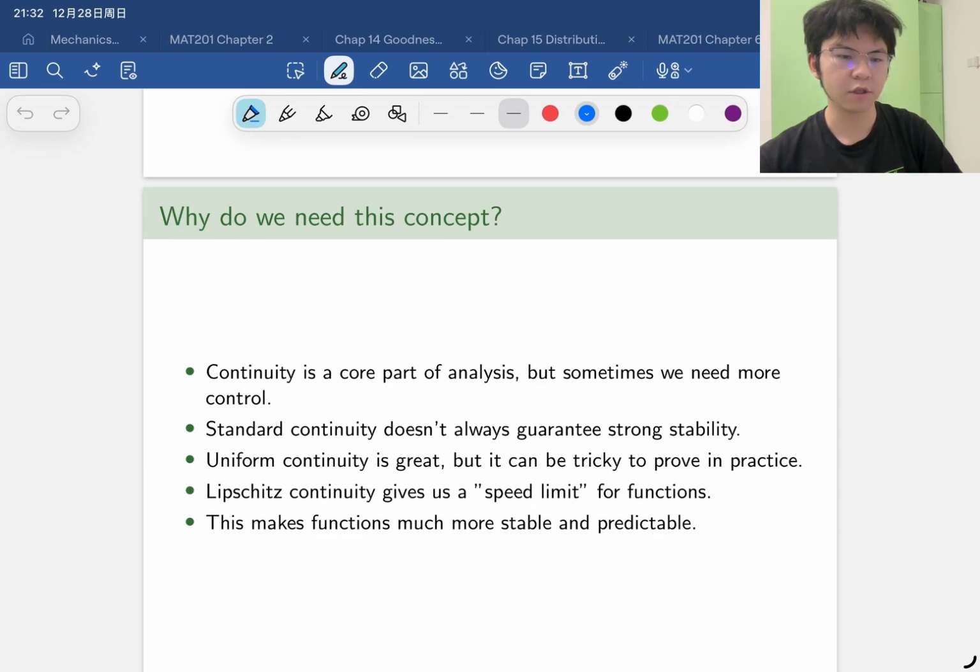This is where Lipschitz continuity comes in. Think of it as a speed limit for functions. It tells us that the function cannot grow faster than a certain rate. This makes the function much more predictable and stable, which is crucial in solving differential equations.